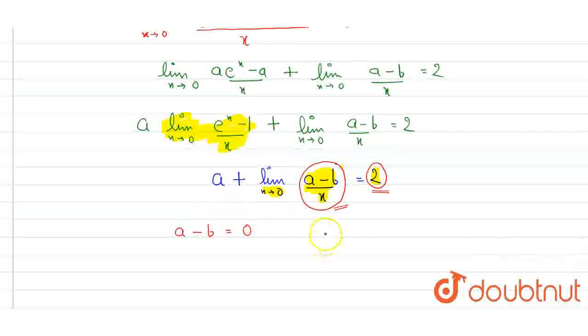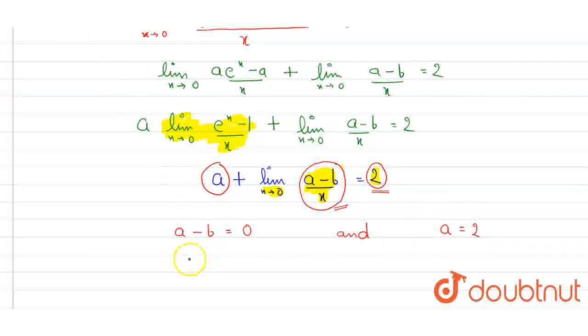So from here we can say that this a will give the result 2, that is a is equal to 2. So if a is equal to 2, then 2 minus b is equal to 0, therefore b is equal to 2. So we got the value of both a and b, that is 2 and 2.